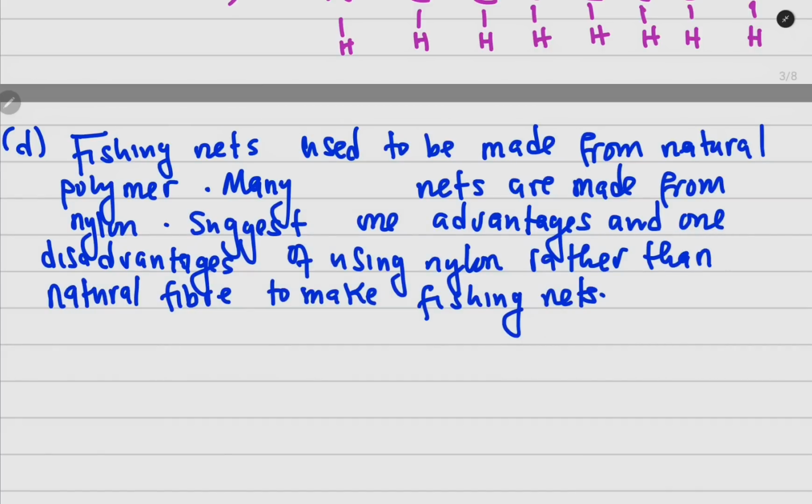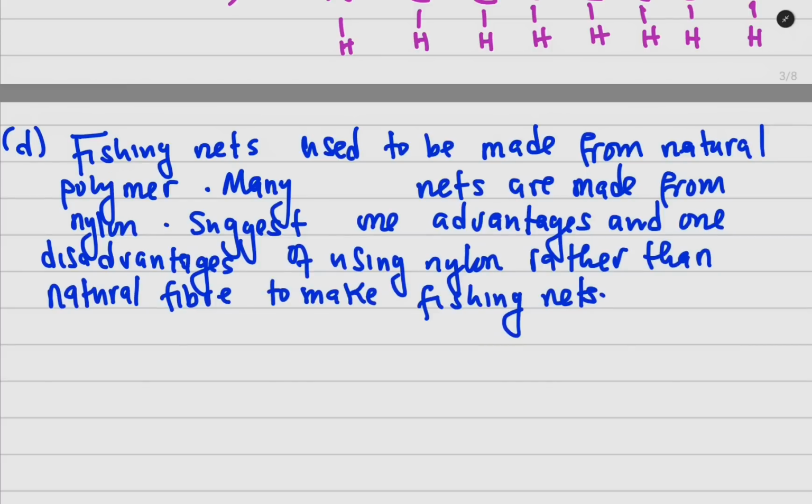Suggest one advantage and one disadvantage of using nylon rather than natural fiber to make fishing nets. So in other words, I think there's something missing in the question. We are saying fishing nets used to be made from natural polymer.